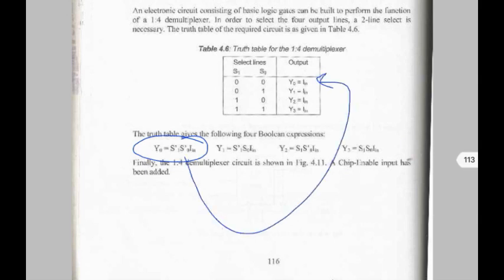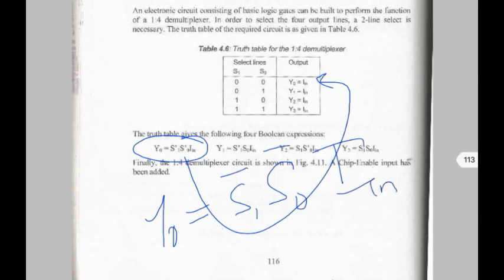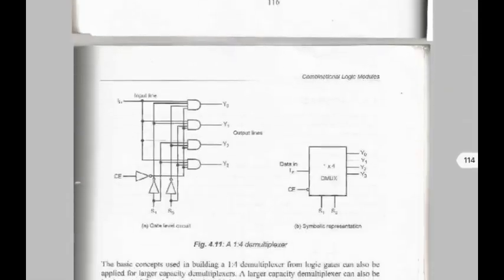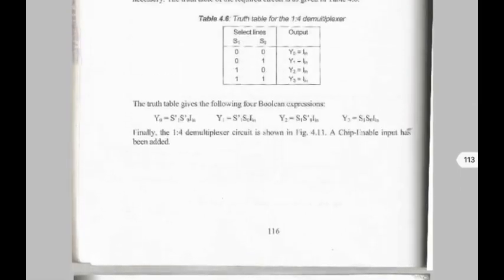It is simply saying that y0 is equal to s1 bar, s0 bar, and I in, etc. So if I asked you to implement the 1 to 4 line demultiplexer from those 4 Boolean expressions, you would be able to, isn't it?